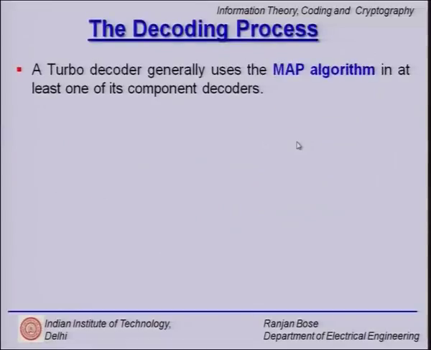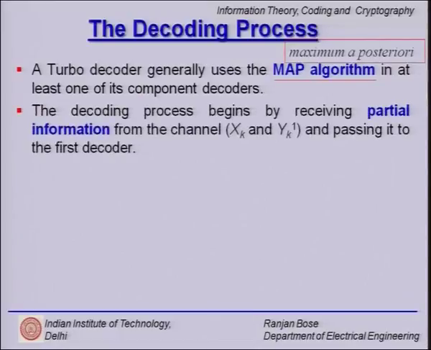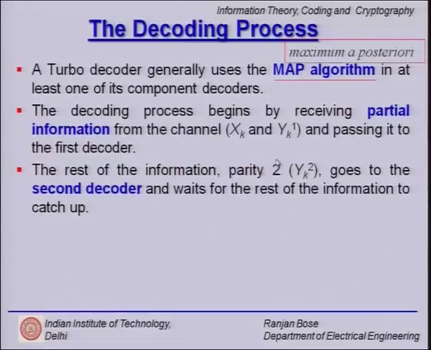So, let us talk quickly about the decoding process. A turbo decoder generally uses an MAP algorithm in at least one of its component decoders. What is MAP? It is a maximum a posteriori algorithm. The decoding process begins by receiving the partial information from the channel and passing it to the first decoder, as we saw. The rest of the information, which is the parity bit 2, goes to the second decoder.